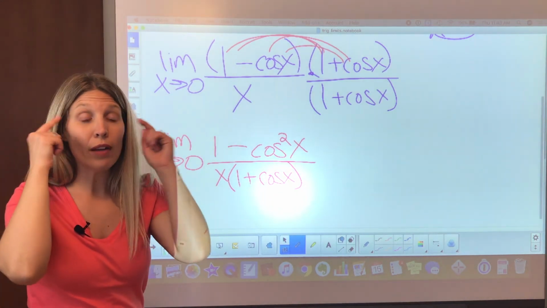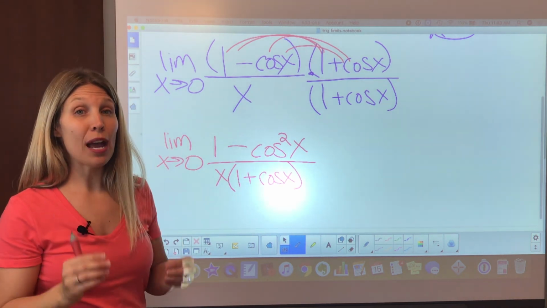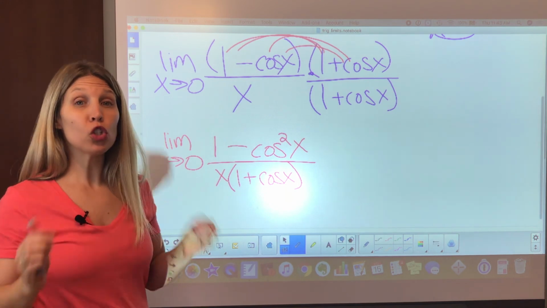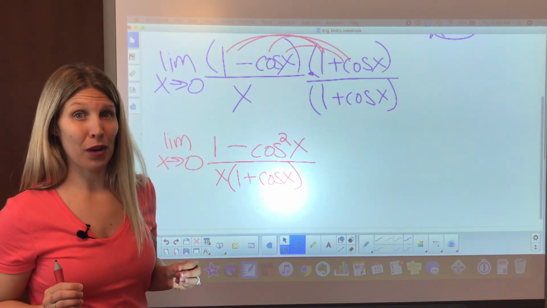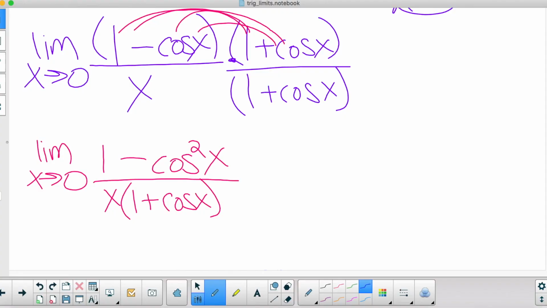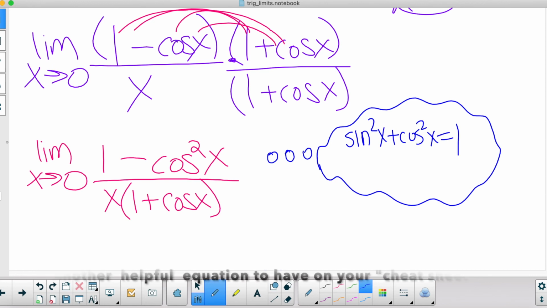Now hopefully you have little bells ringing in your head. Anytime that you have a cosine squared and a 1, you should be getting super excited about your trigonometry right now. Let me tell you the property in case you forgot. So what you should be thinking is, I remember a property that says sine squared x plus cosine squared x equals 1.